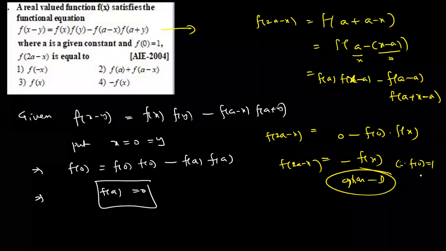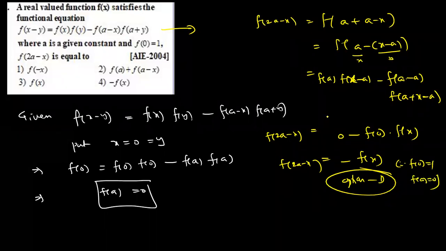Since f of 0 is 1, f of a is 0. Use the properties. I am using this property: here x means a, y means x minus a. Put this value.